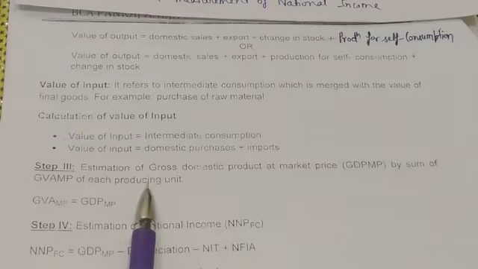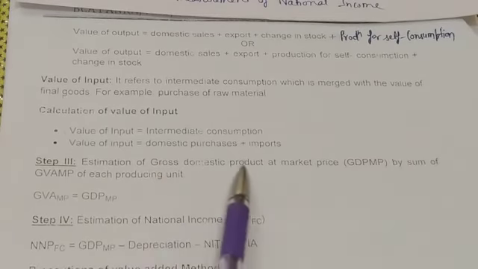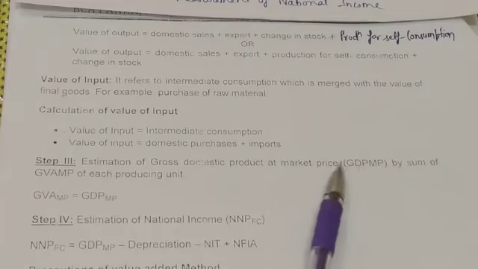Again I am repeating, if you add GVA at MP of primary sector, secondary sector and tertiary sector, then you will get total GVA at MP of an economy, or we can say gross domestic product at market price, GDP at MP.